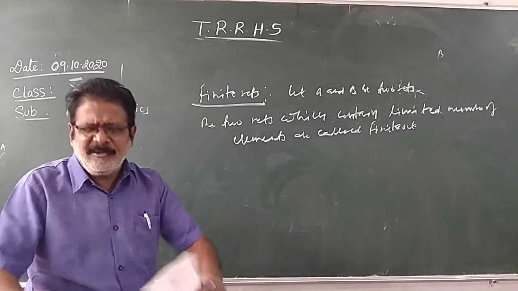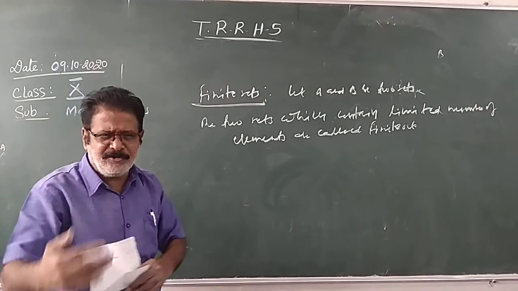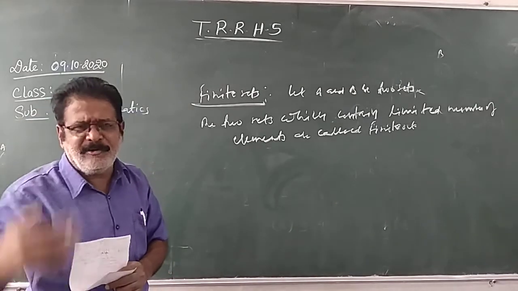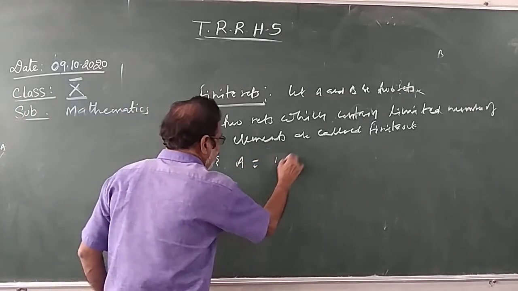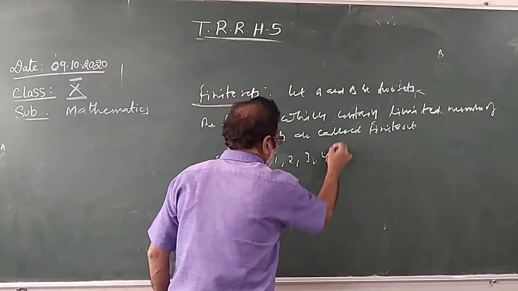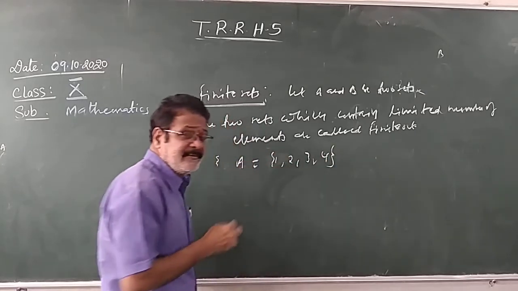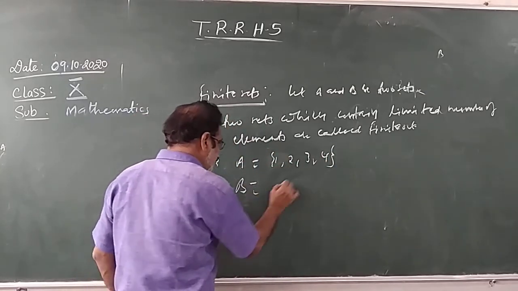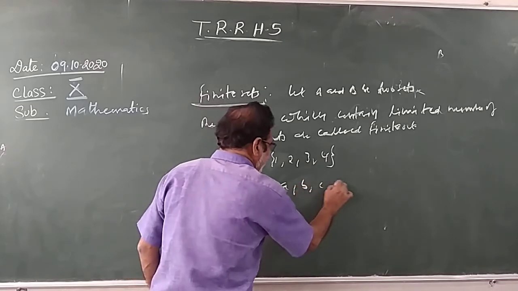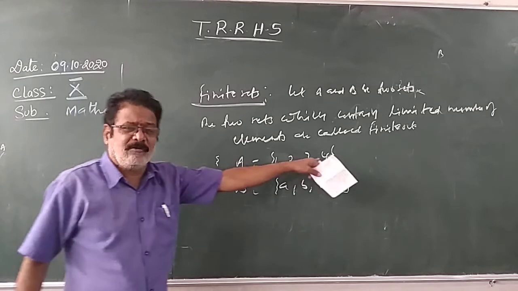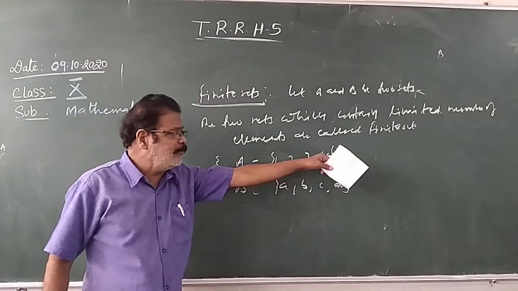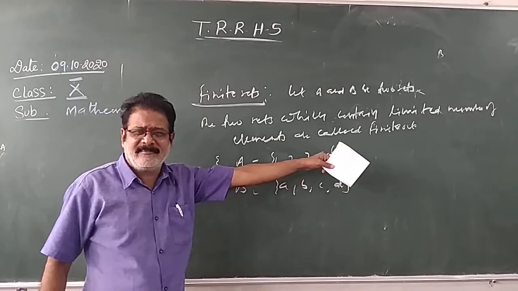Limit means it should have some end. It should end with some element. For example, A equal to {1, 2, 3, 4} is a finite set. B equal to {a, b, c, d} is a finite set. The first set ends with 4, and we enclose it with braces.